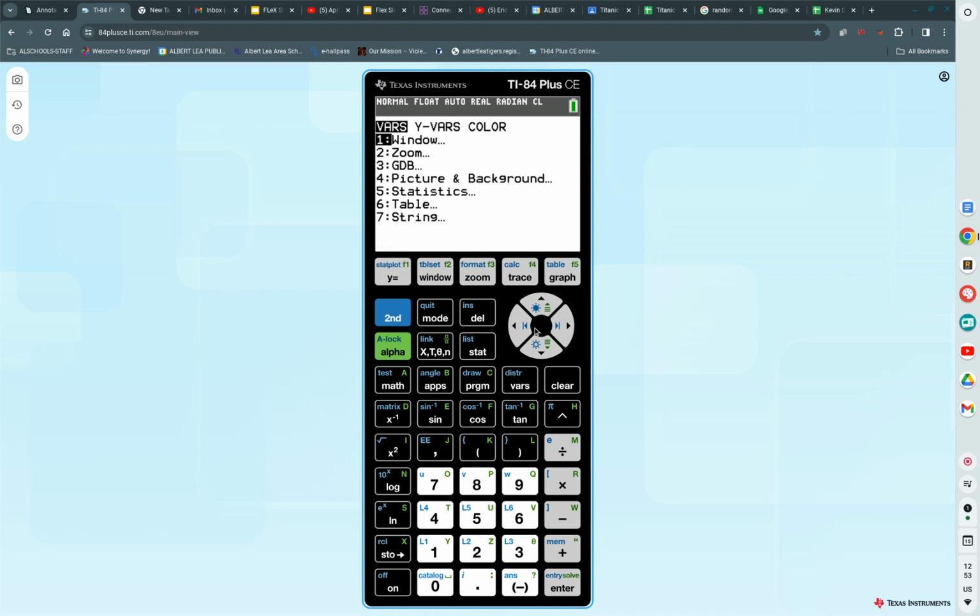Yep, vars. And I go and grab my function variables, which is number 2, minus vars, y vars, number 1. And I'm going to take off the equal sign on those previous ones.